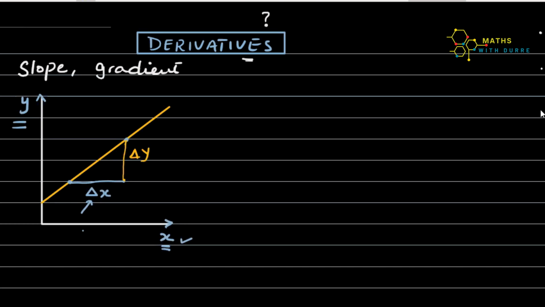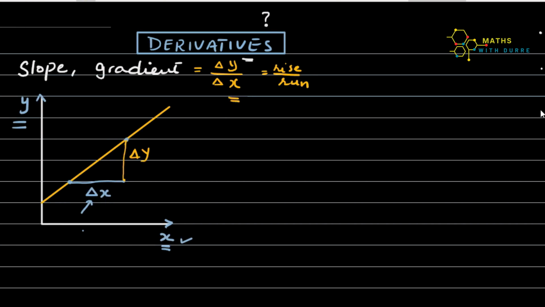All right, so we can say that slope is change in y over change in x, just like rise over run. It means the rate of change of the vertical variable over the rate of change of the horizontal variable.